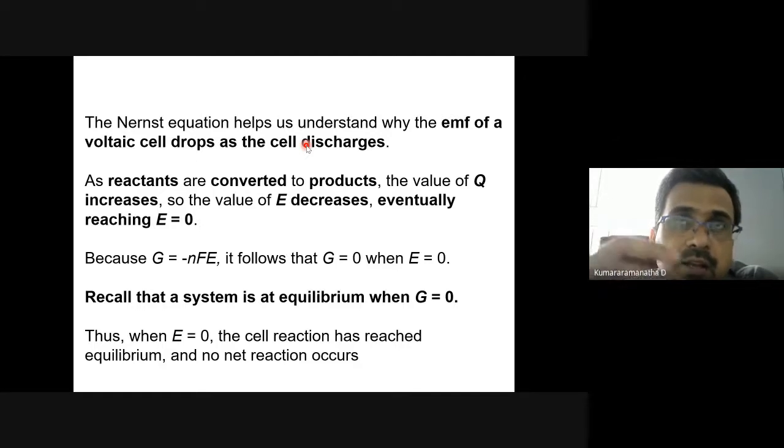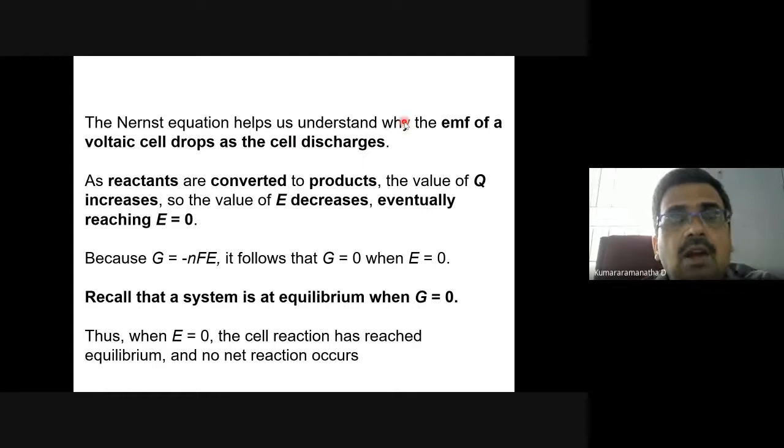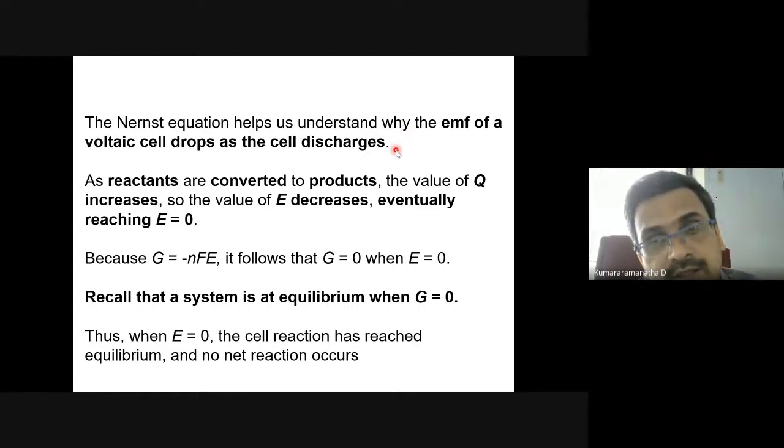as soon as, for example, the cell is discharging some power, at that time the product concentration decreases. When the product concentration, which is in the numerator, decreases, automatically the overall expression will decrease.